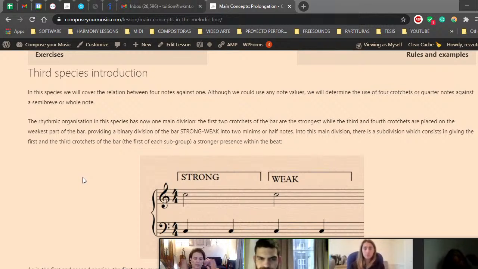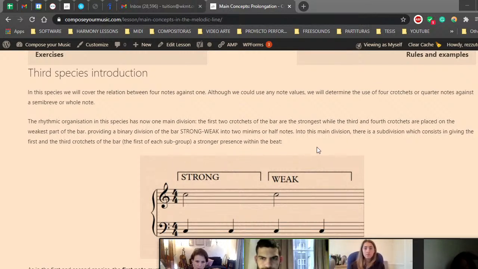Even the groupings, when we study the 4/4, remember there's always an imaginary line dividing the rhythms, the beaming of the rhythm. So this is not a new concept.